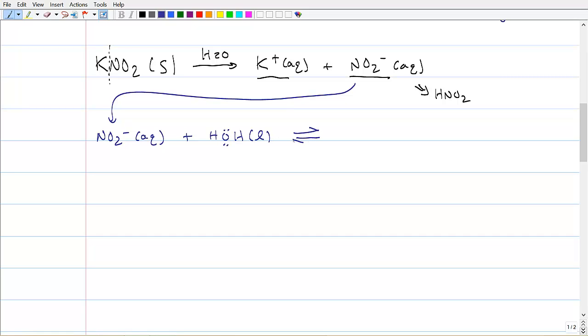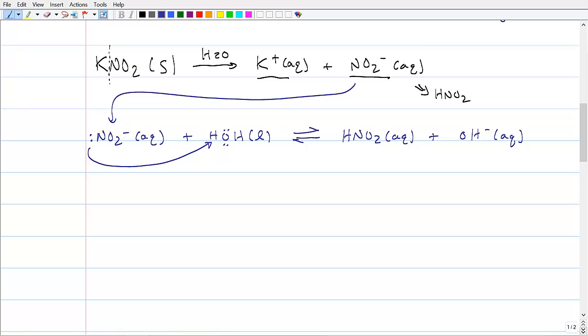So the water is sitting there, and the NO2 minus can try to get that proton away from the water and form HNO2, which will be aqueous because it's in water, and creating an OH minus for us.